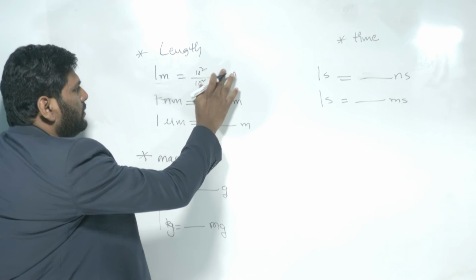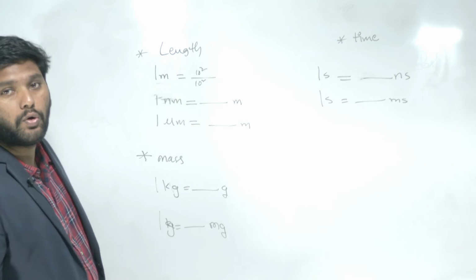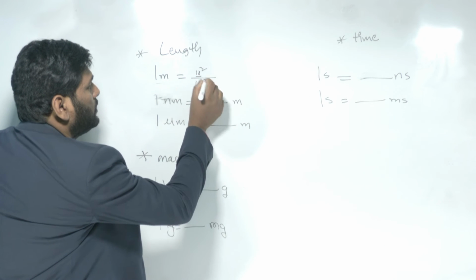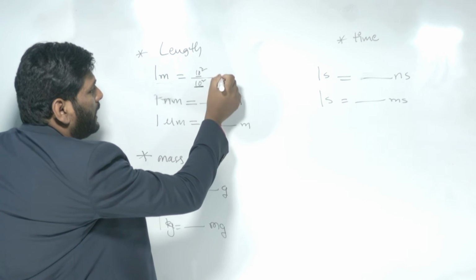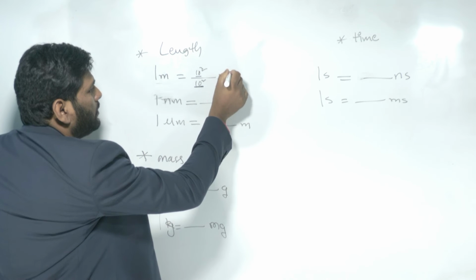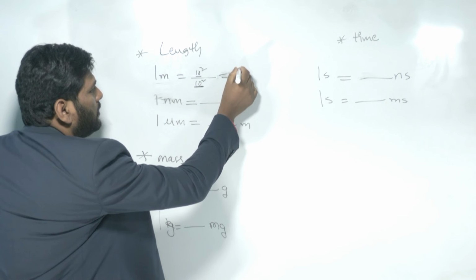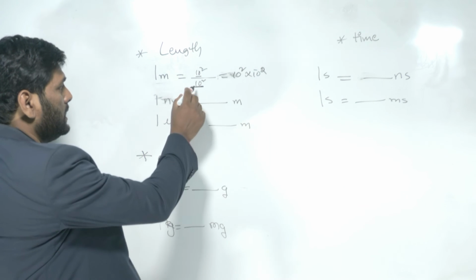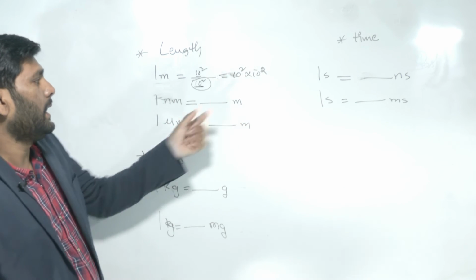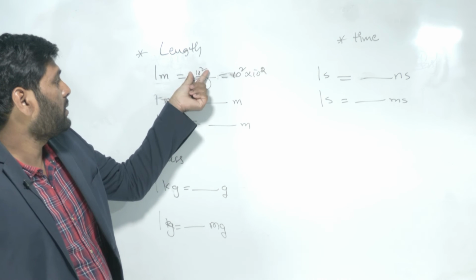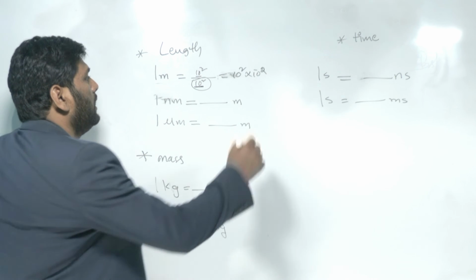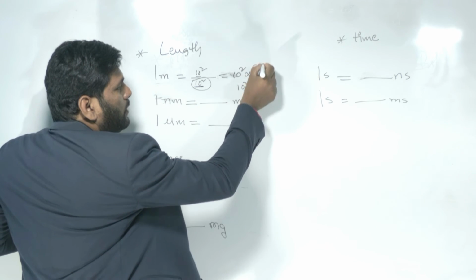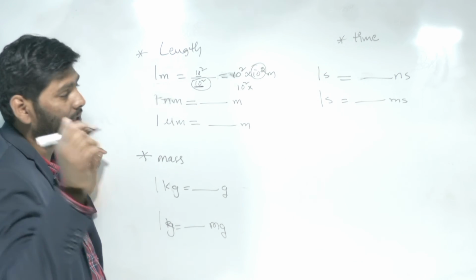Here, 10 power 2 in the denominator I can write as 10 power minus 2 in the numerator, and the other 10 power 2 stays as it is. Now 10 power minus 2 meter is nothing but centimeter.